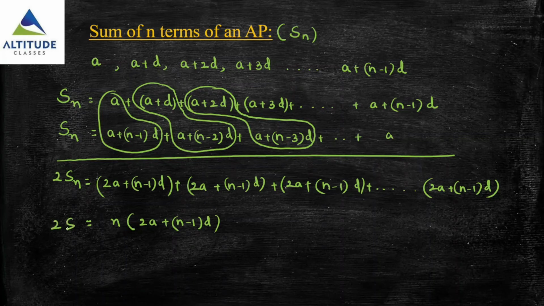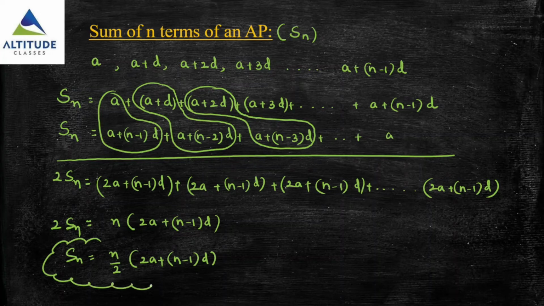This is 2Sn. So Sn is equal to n by 2 into (2a plus (n minus 1) into d). This is Sn, the sum of n terms of AP, where n is the number of terms which we are adding.